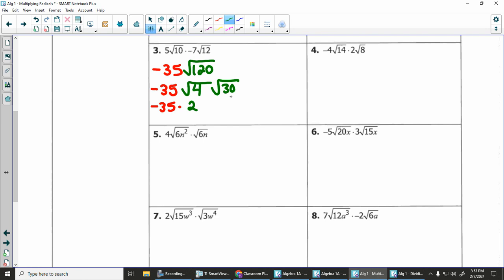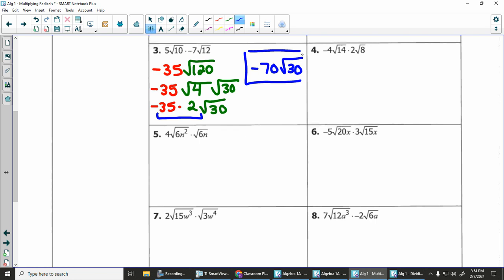And that radical is coming along for the ride. So the only thing left for me to do is this multiplication here in the front. So negative 35 times 2 is going to give me a negative 70, and that square root comes along for the ride. And there is your simplified answer to that multiplication problem.